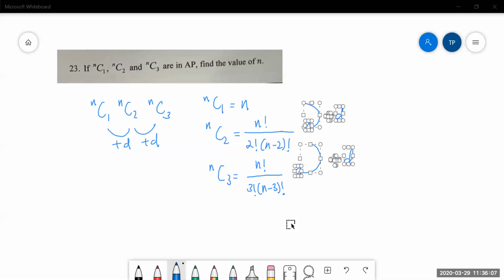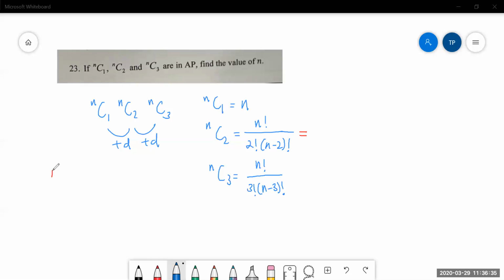Right over here, we can simplify this. Simplify this into what? Remember we did this last lesson?